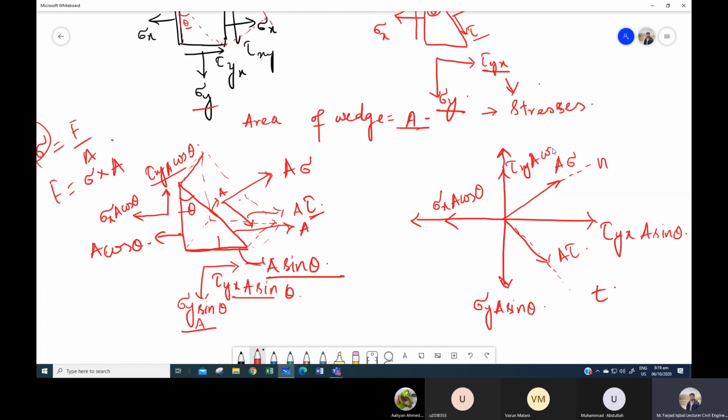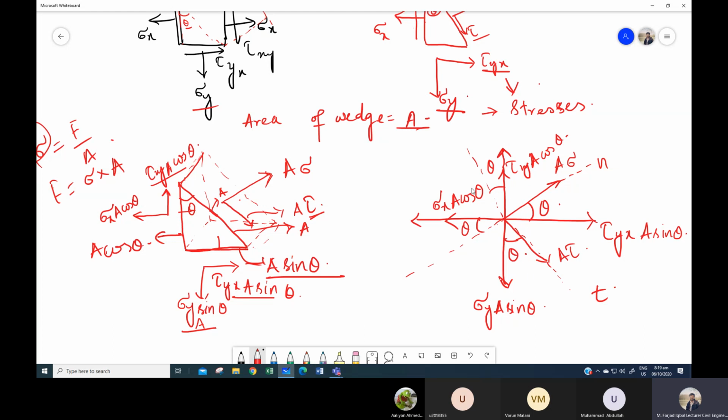This angle is theta. If this angle is theta, then this angle would also be theta, and this angle would be theta, and this angle would also be theta.